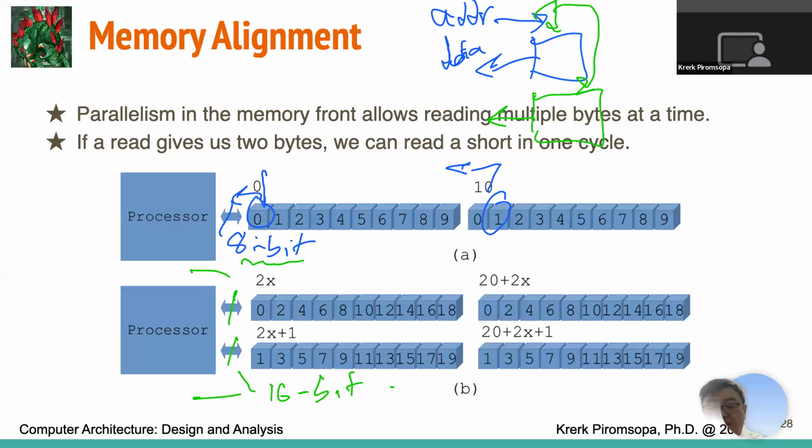This is the low-level hardware: one address gets 2 bytes. In the past, if I wanted to read byte number 1 and number 2, I needed 2 cycles. First cycle, I got this; second cycle, I got this. Nowadays, I want 2 bytes, 1 cycle, I got 0 and 1 within 1 cycle.